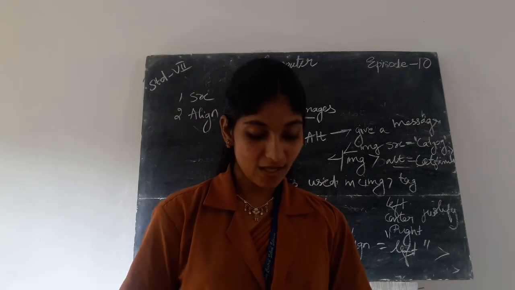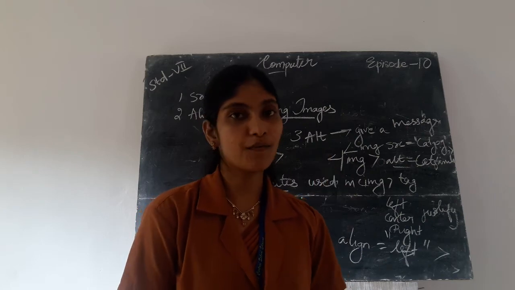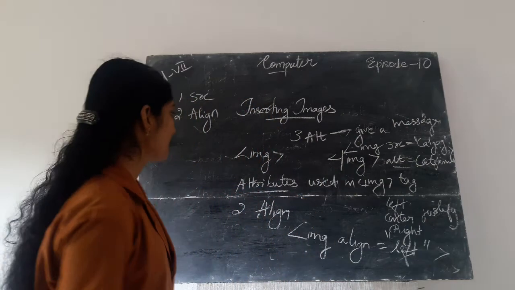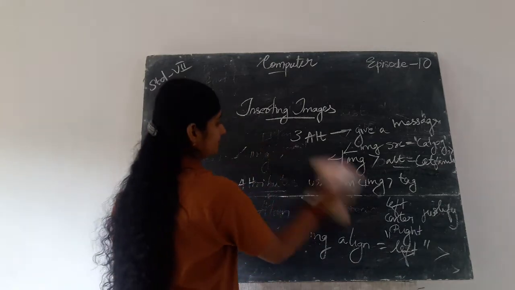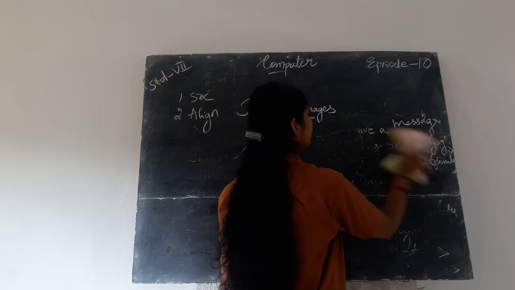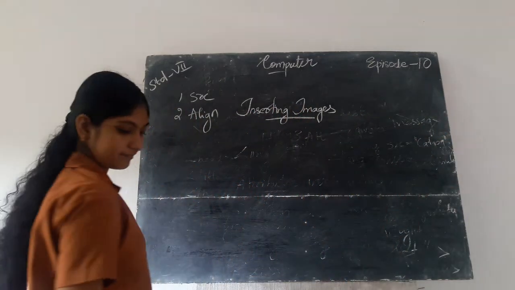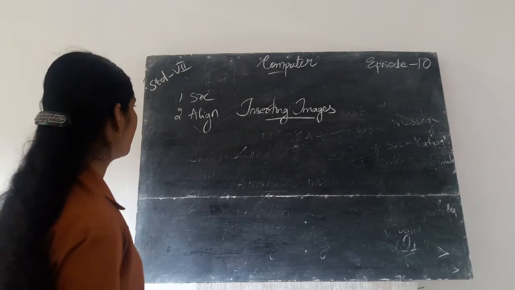Then next one is width. Width means you can adjust the width of the image. So the third one is what?